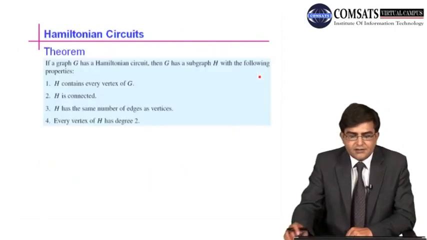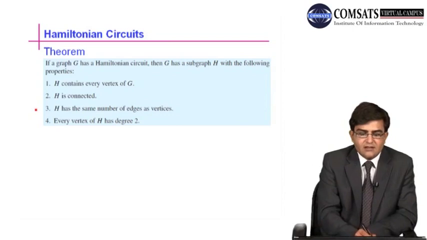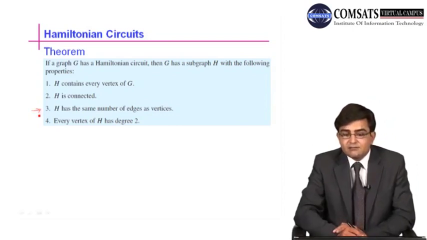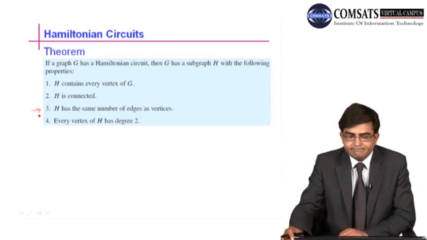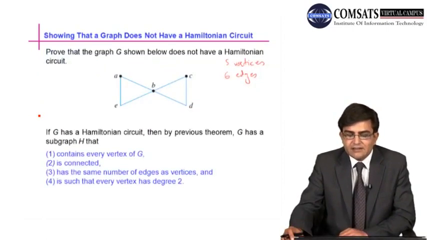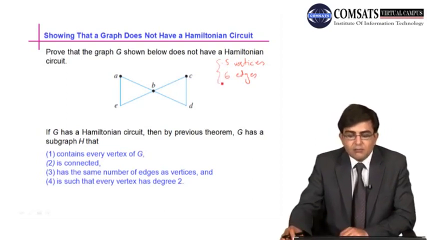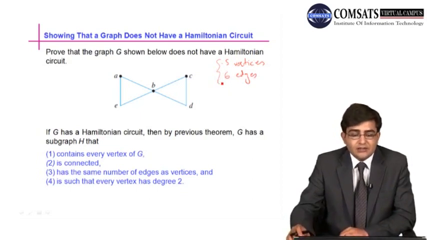Now according to the theorem, the third condition, H has the same number of edges as vertices. Here H has 5 vertices and 6 edges, so it doesn't satisfy the third condition of the theorem. So there doesn't exist a Hamiltonian circuit in this graph.